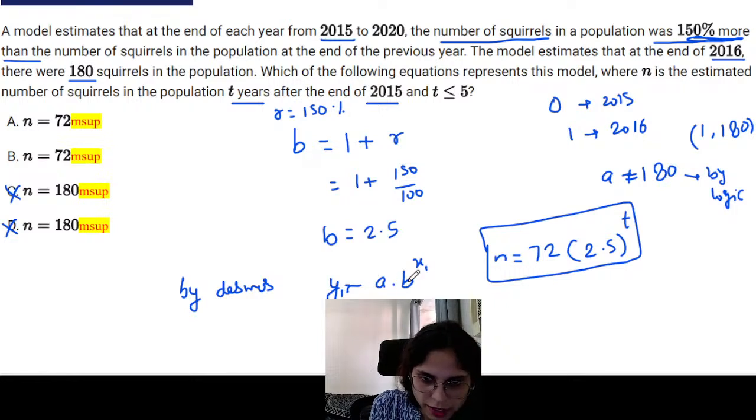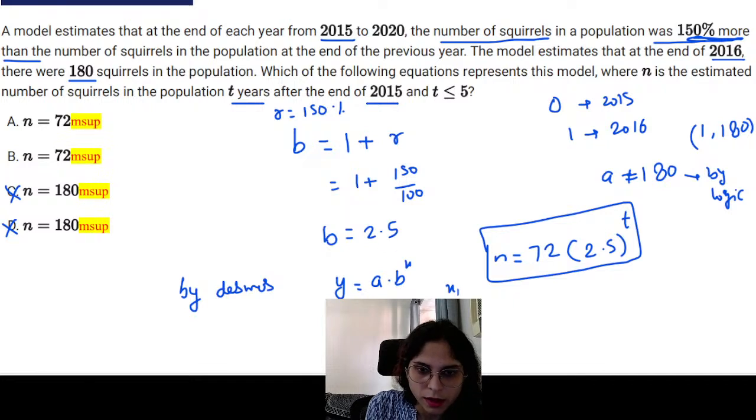You know the value of b as well, 2.5. And now there is 1 point, so you write that 1 point in the table, 1, 180.